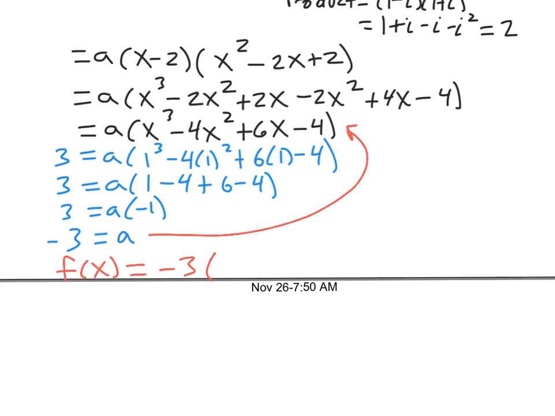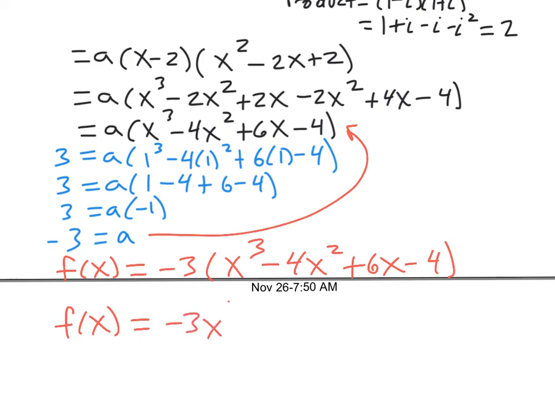I've got -3 out front, but then I've got x to the third minus 4x squared plus 6x minus 4. To get a final answer, just go ahead and distribute the -3. So you get -3x to the third plus 12x squared minus 18x plus 12.